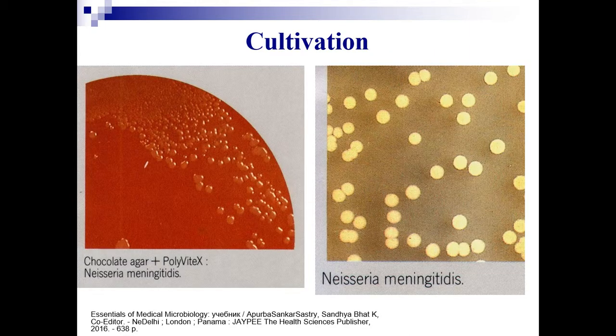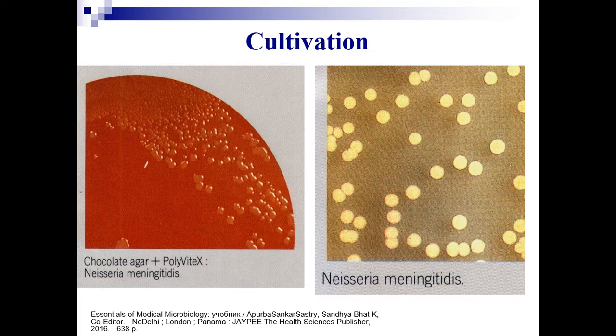Cultivation. On blood agar, blood should be immediately injected into blood culture bottles, brain heart infusion or BHI broth, and incubated overnight. Subcultures are made onto blood agar and colonies grown are processed as described for cerebrospinal fluid later.